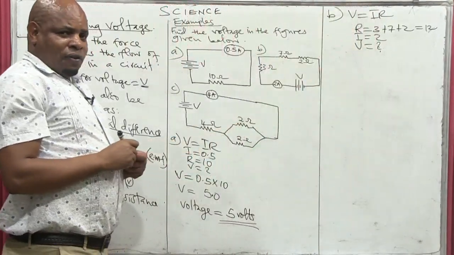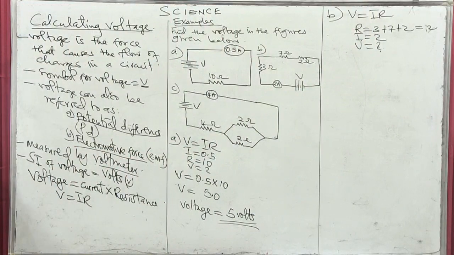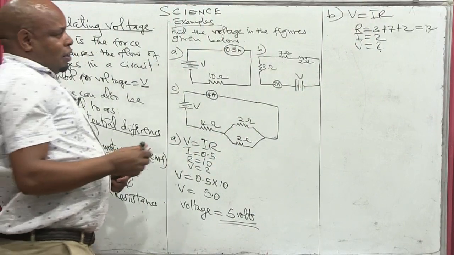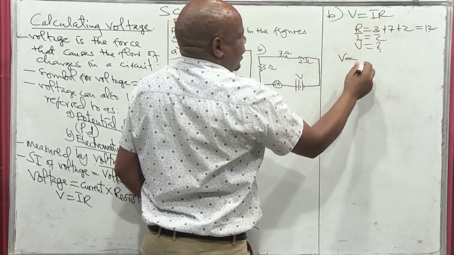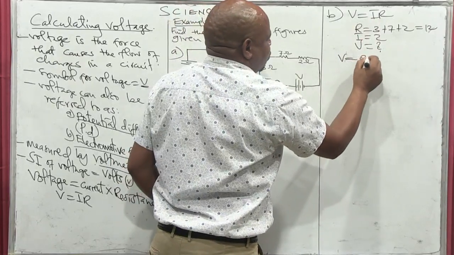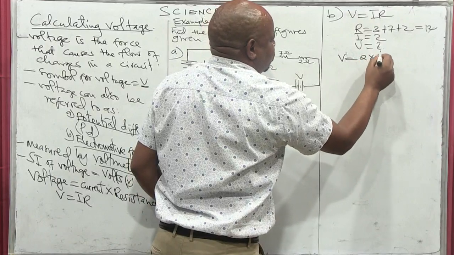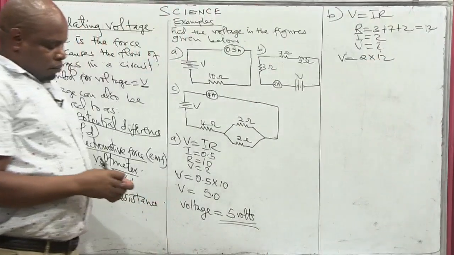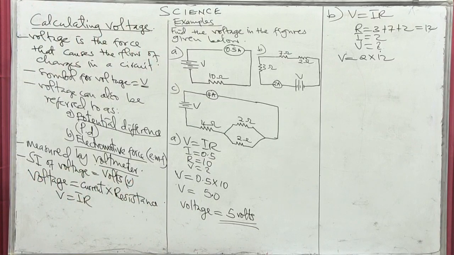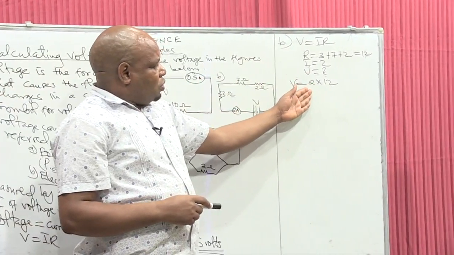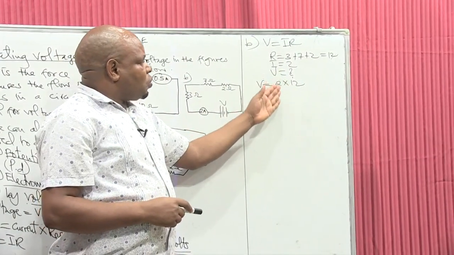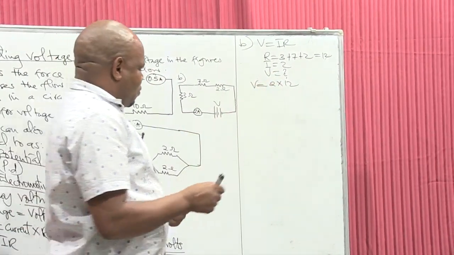That's what we are looking for. V is equal to IR, where our I is 2 times R, total R is 12. So you multiply 12 by 2. 12 times 2, or 2 times 12, is 24.